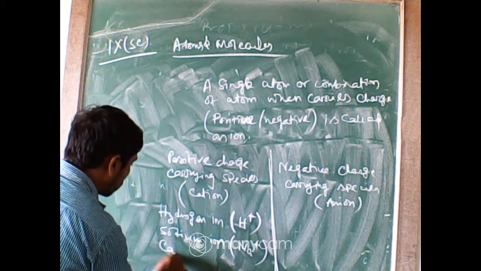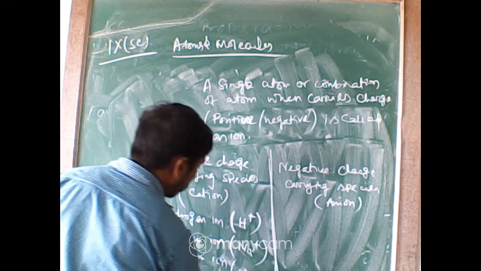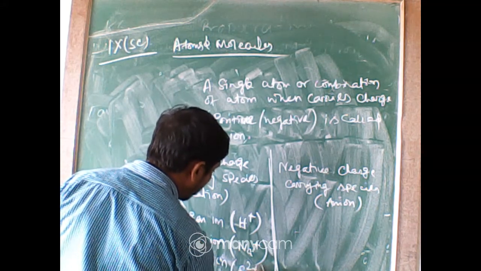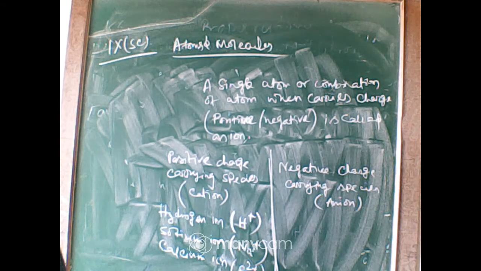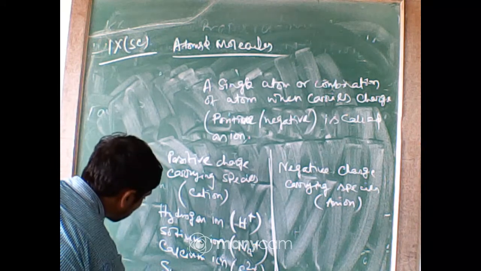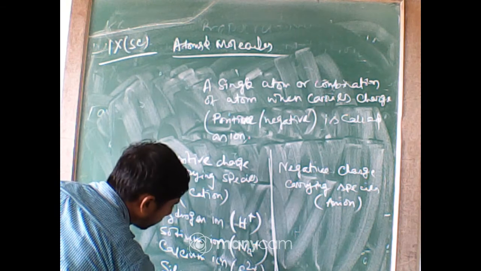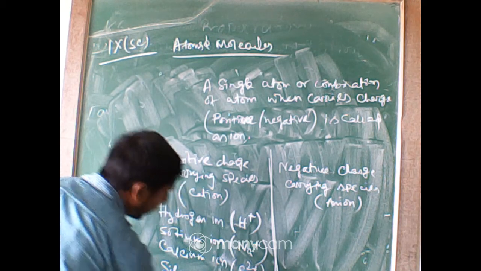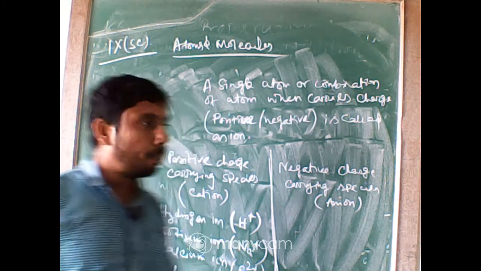Calcium ion, within bracket you will write Ca2 plus. Another one you will write, silver ion, within bracket Ag, capital A, small g, and plus as a superscript.